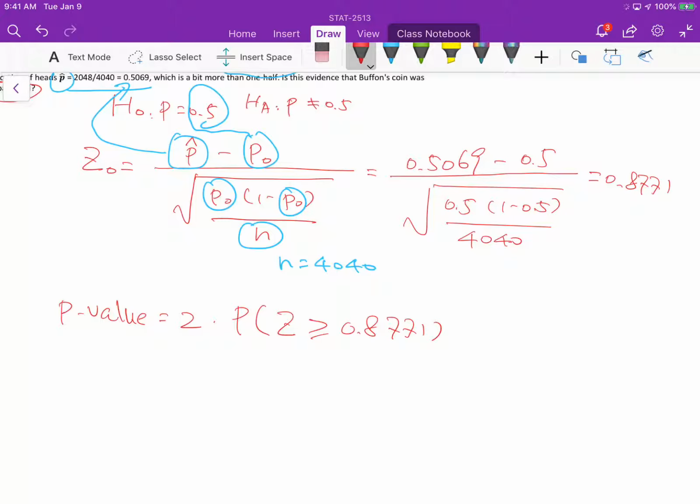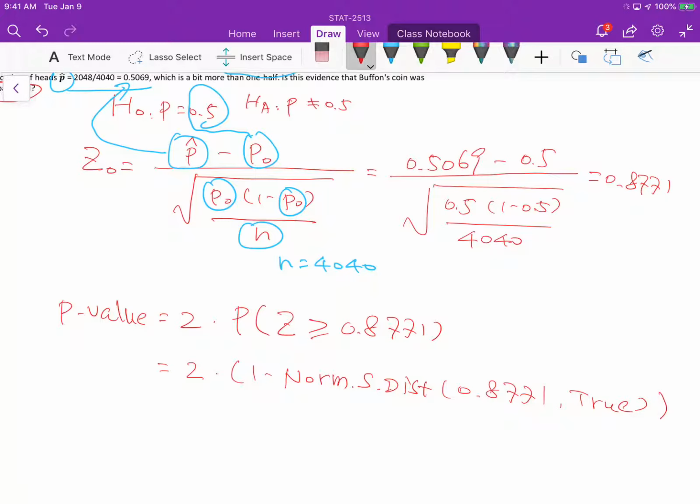We cannot calculate the p-value by hand, so we do it in Excel. This is equal to 2 times 1 minus NORM.S.DIST of 0.8771.